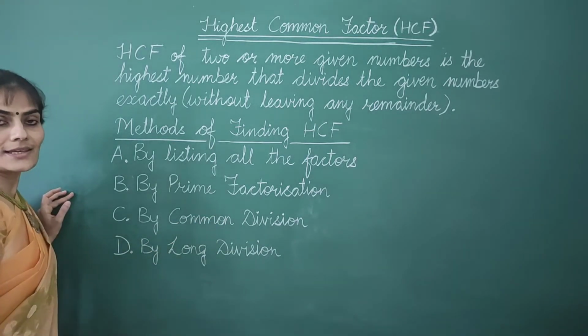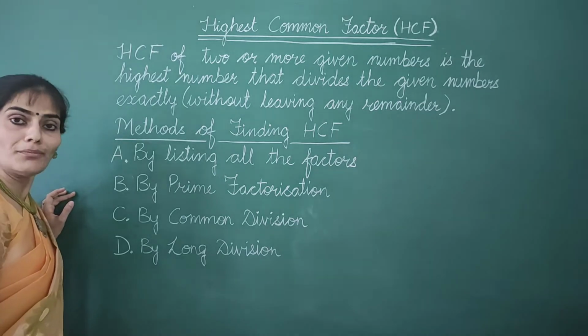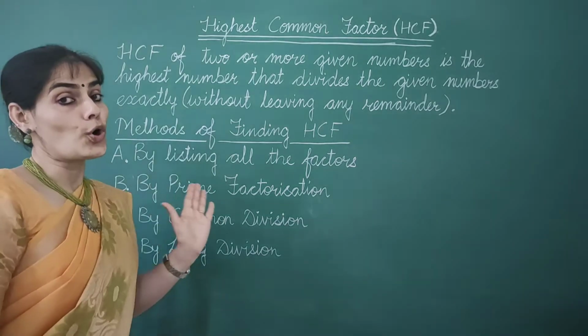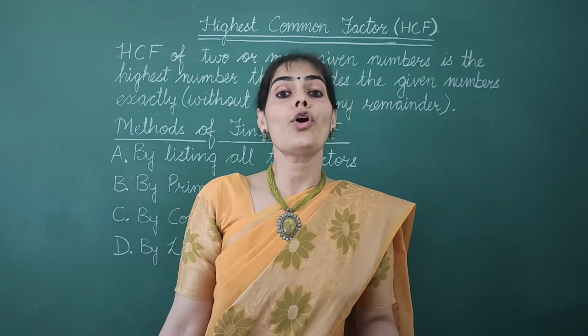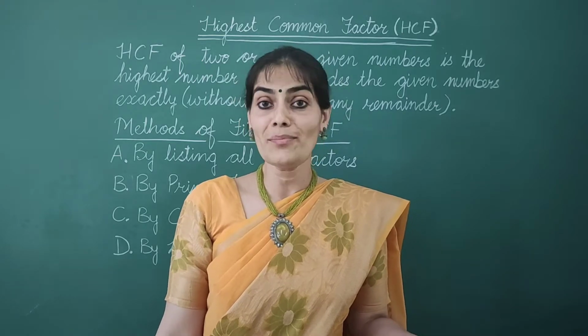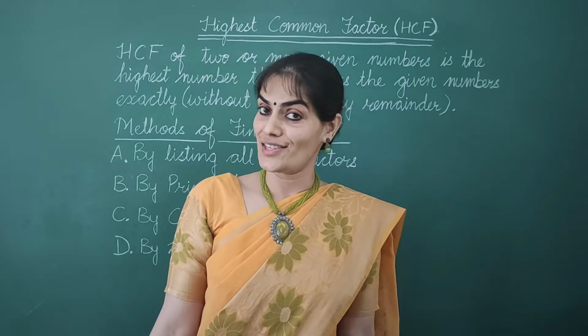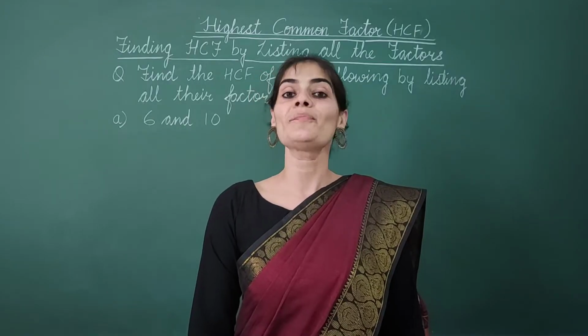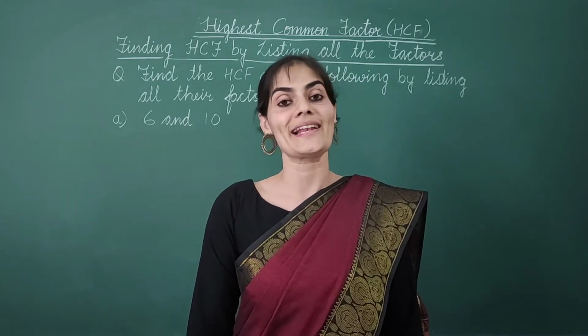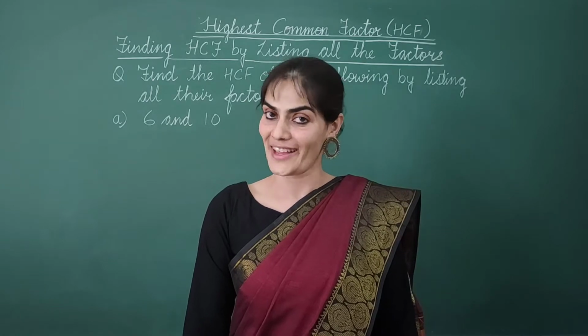And the last is by long division method. So students, you might find all these methods very easy, or you might be interested in learning any two or any three methods of finding HCF. Today we are learning how to find the HCF of the given numbers by listing all their factors.